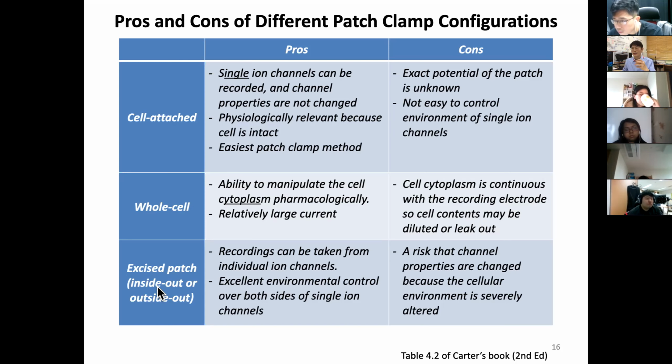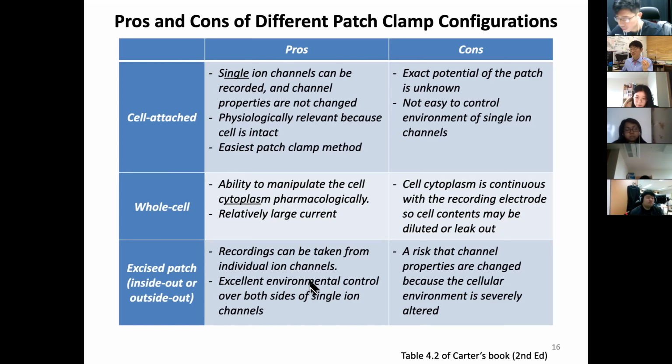What about excised patch, which is what you just saw, inside out, outside out? You can have a single ion channel, a tiny, tiny one, and you can record. Recording can be taken from an individual ion channel. You see, this is fascinating. That's why they actually got the Nobel Prize, because it allows you to study single ion channels.